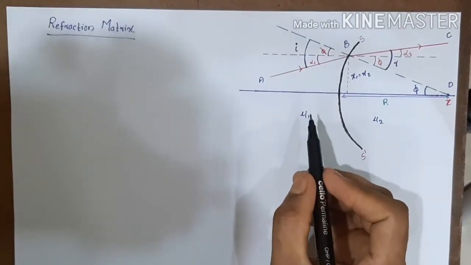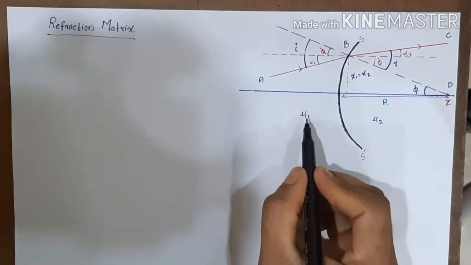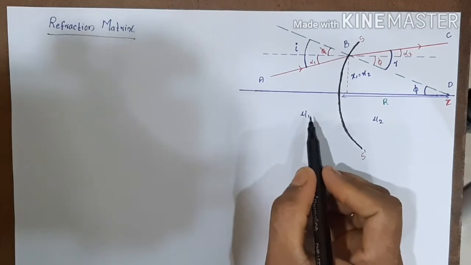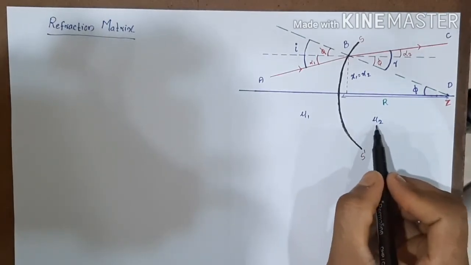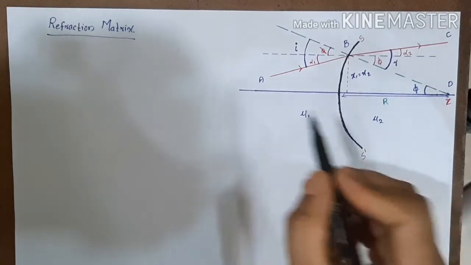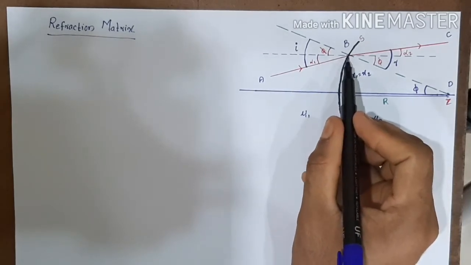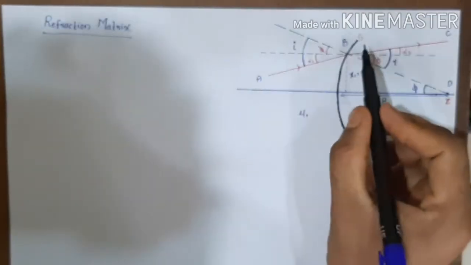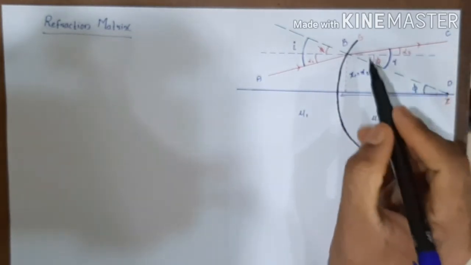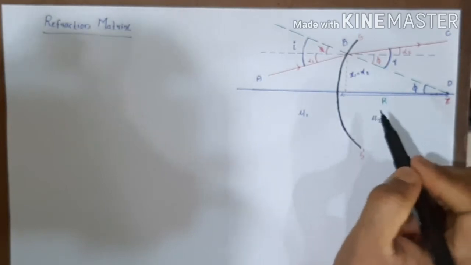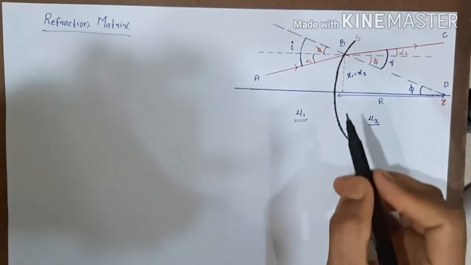Now I am choosing the light ray originating from a point A of a medium having refractive index value mu1, and the refractive index of the spherical refracting medium is mu2. The light ray originating from point A is incident on the spherical refracting surface at point B, and refraction takes place, and then the light ray goes to some point C inside this spherical refracting medium of refractive index mu2.